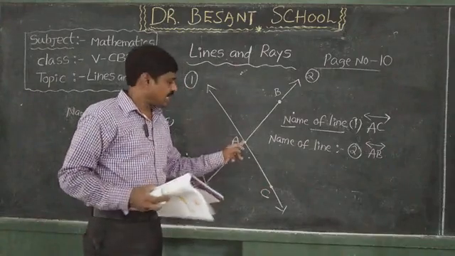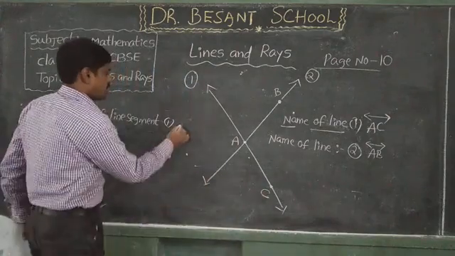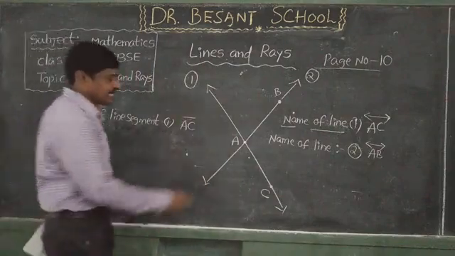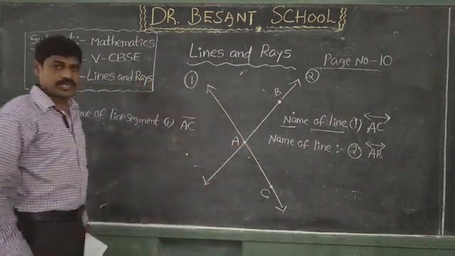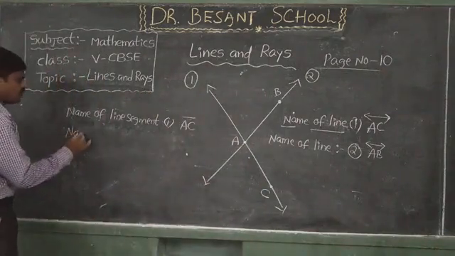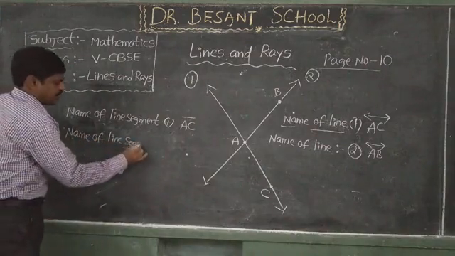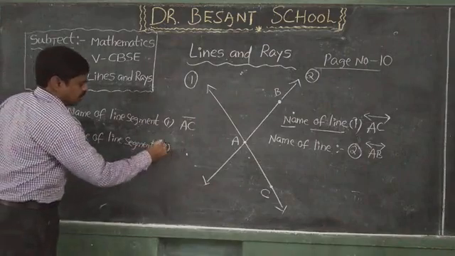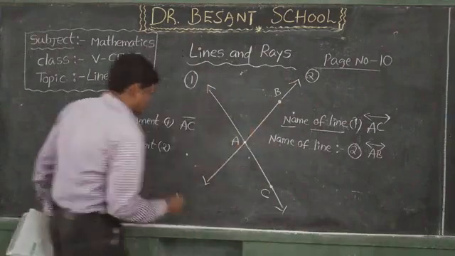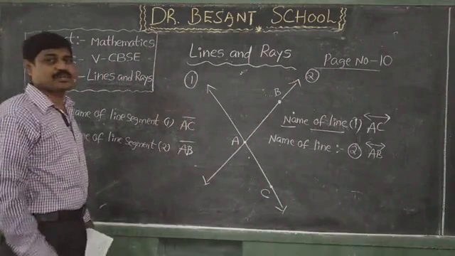AC, take AC bar. Why? Because A and C are the endpoints. Next, another line segment: AB bar, that means line segment AB.